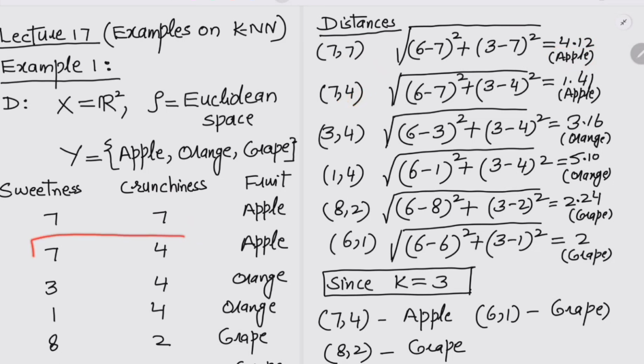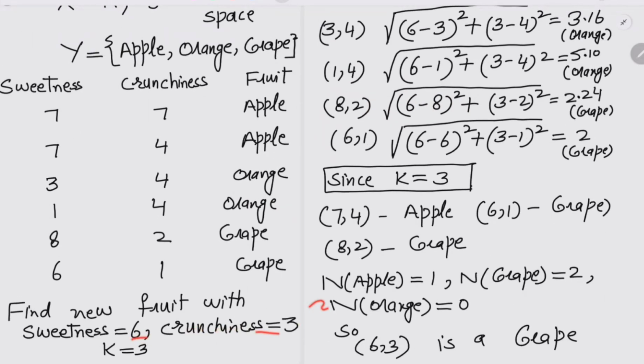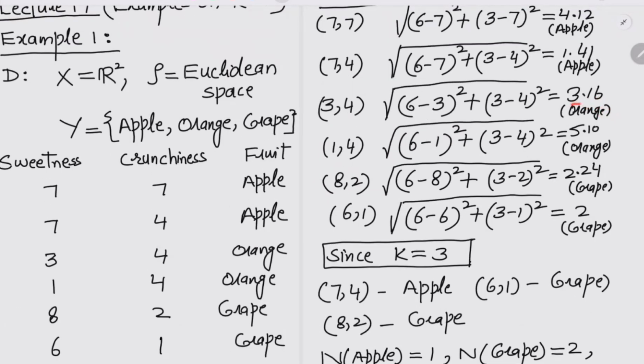Similarly, we take another point which is 7, 4, and for 7, 4 we find a distance which is 1.41, and for 7, 4 we have an apple. For 3, 4, we find a distance with 6, 3, and the distance is 3.16, which is an orange, since 3, 4 represents an orange.